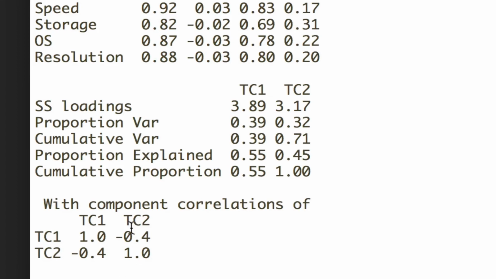The next thing we get down here is the correlations between the components. They have a correlation of -0.4, so there is some correlation between both components. They are related somehow, but it's pretty weak. If you did orthogonal rotation, you probably wouldn't be looking at this so much.